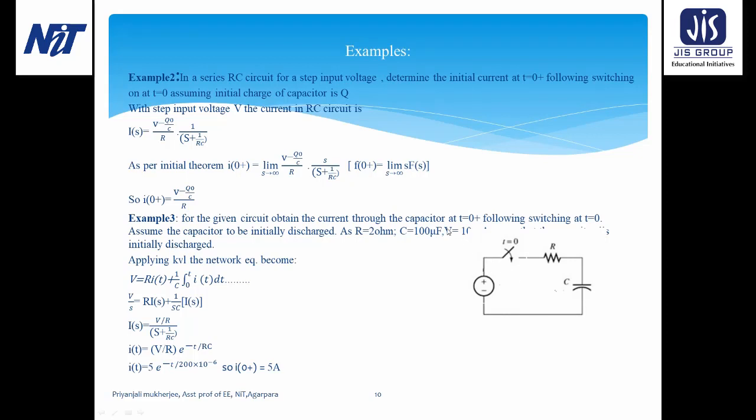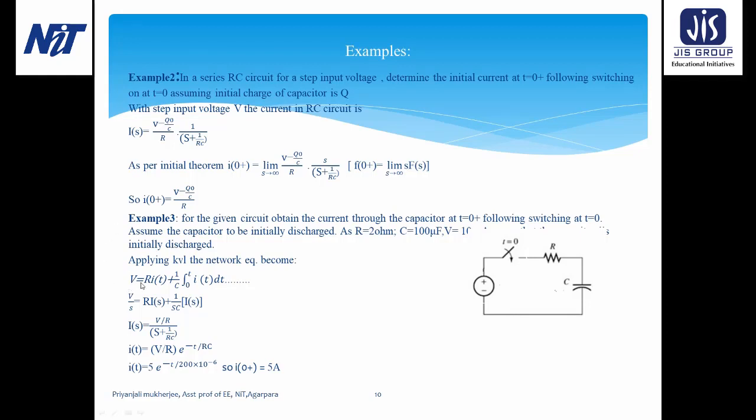For the next example, for this given circuit, we need to find out the current through the capacitor at t equal to 0 plus following the switching at t equal to 0. The values are given: C is equal to 100 microfarad, V is equal to 10, and the capacitor is initially in a discharged condition.